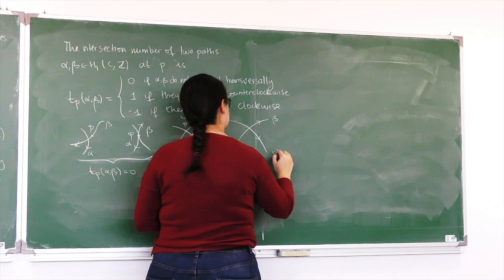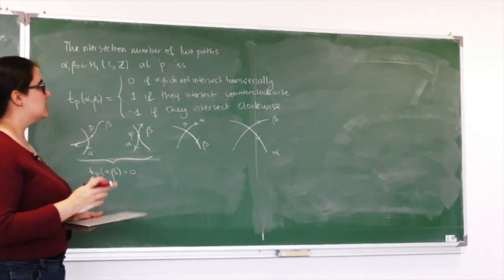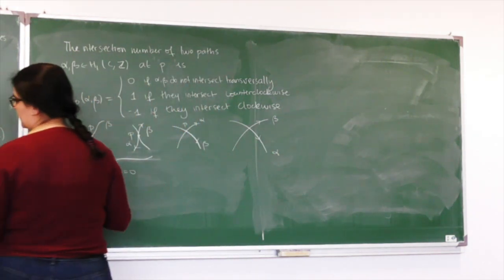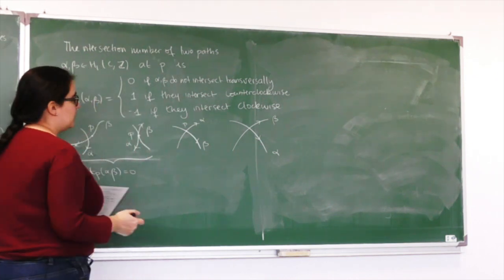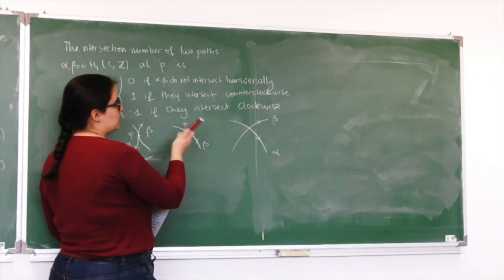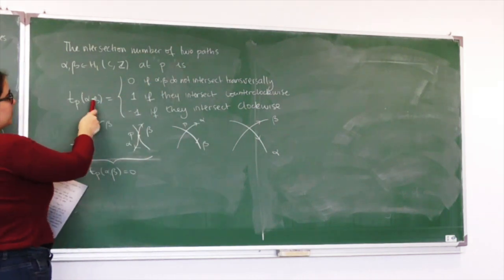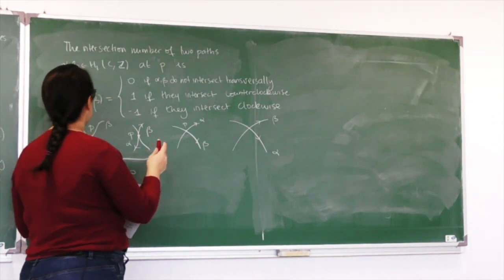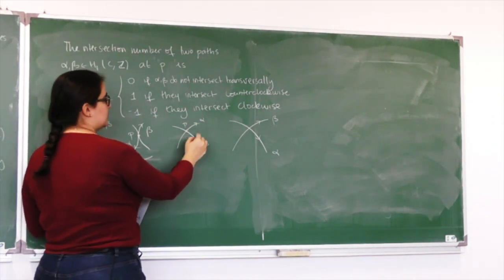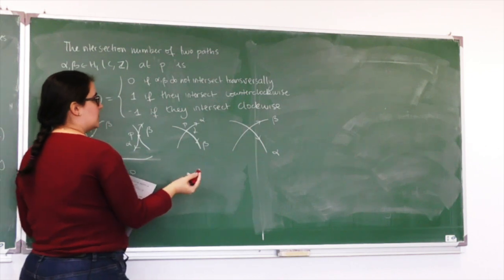beta alpha. And here is where the orientation comes in. We said that this is the oriented intersection pairing. So if we want to look at the intersection of alpha with beta, the order is important at a certain point P. We see that to go from alpha to beta, the turn is clockwise.